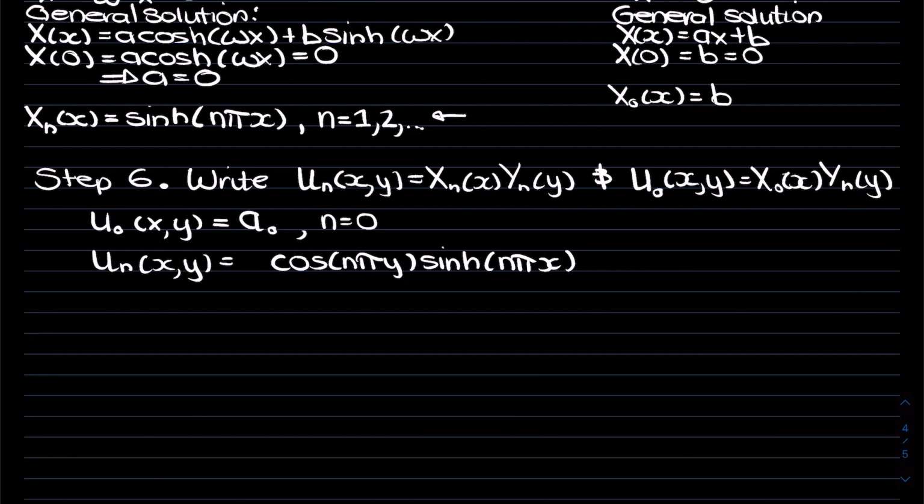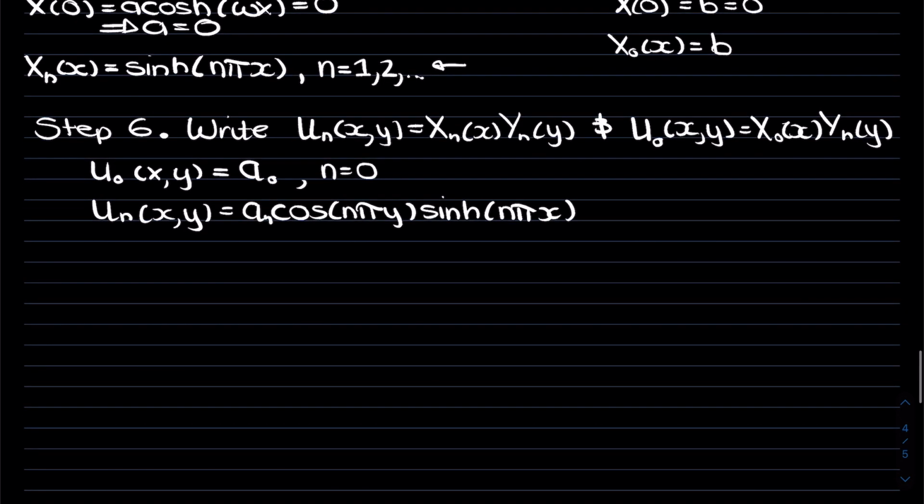Now we need to add a constant in here that we're going to call a of n, and that's just because, as I said, the multiple of an eigenfunction is an eigenfunction. So we need to add a constant here, and then our job is to find out what that constant is. So that is for some constants A0 and A_n.